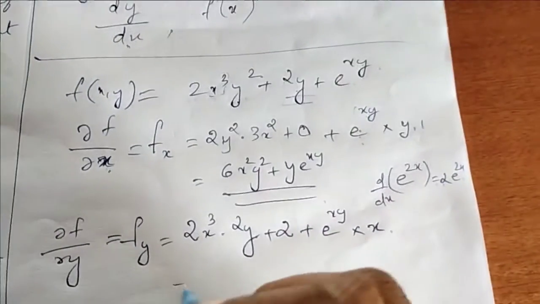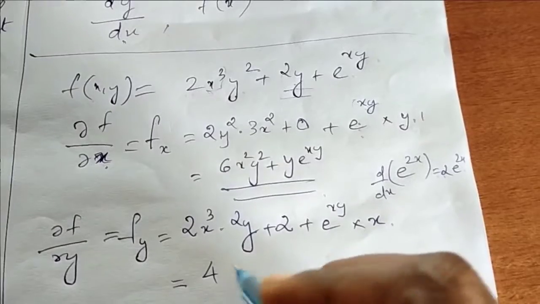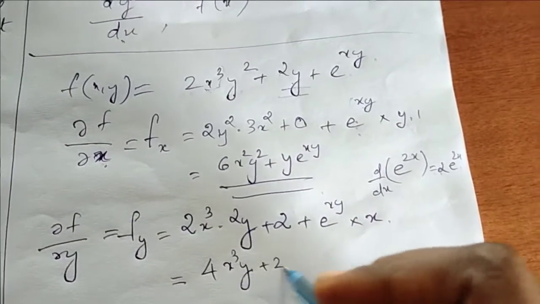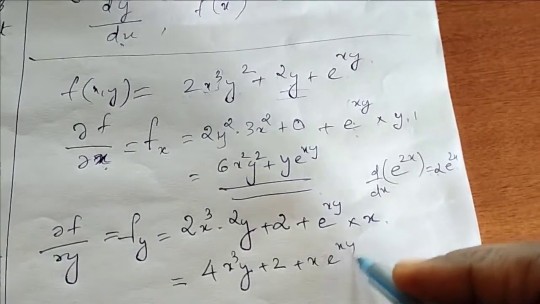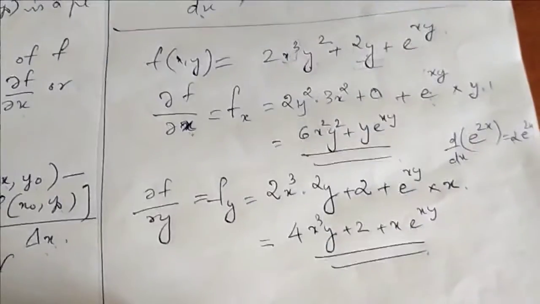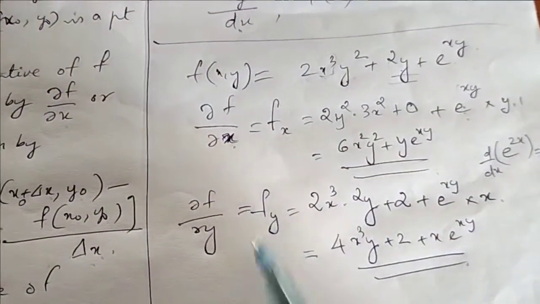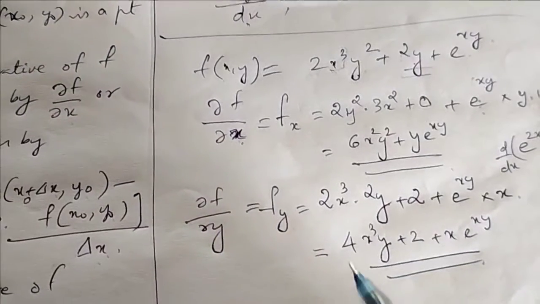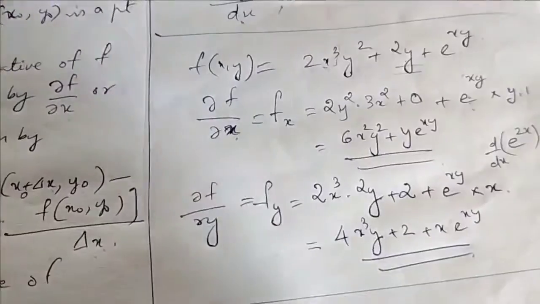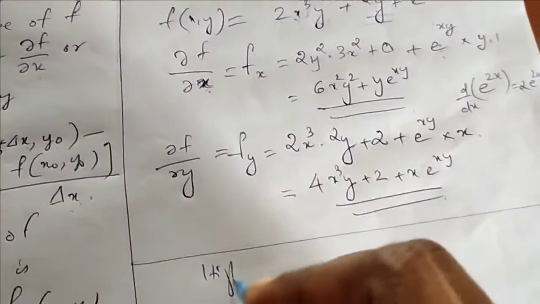So it is 2 into 2, 4x cube y plus 2 plus x e raised to xy. So this is dou f by dou y. Okay. So this is the partial derivative of f with respect to x and the partial derivative with respect to y. Then we have higher order derivatives also.